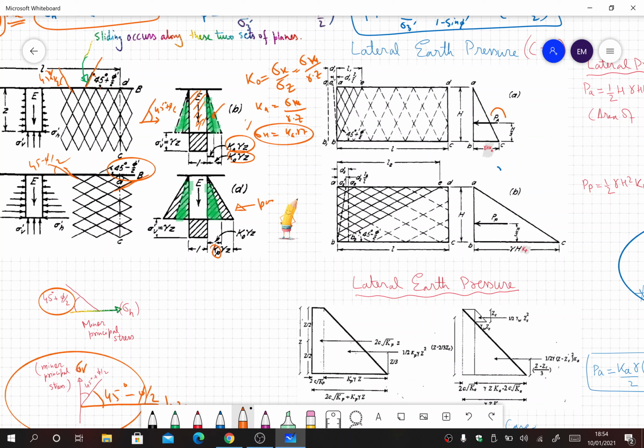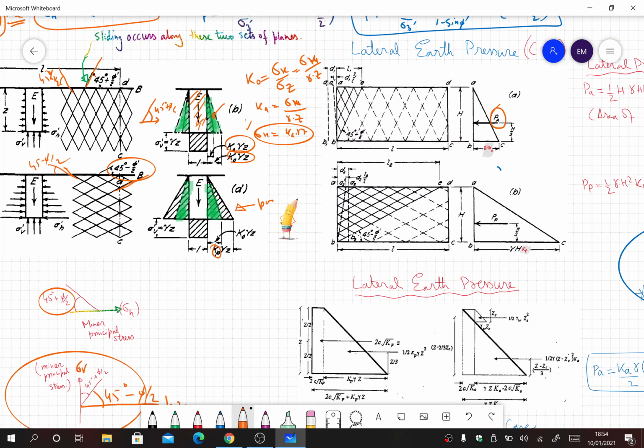Now to calculate the force, because at the end of engineering calculation we end up calculating the force. We want to know how much force is acting on the retaining wall. So if this is a retaining wall here, I want to know how much horizontal force, we call that PA in the case of active earth pressure, and PP in the case of passive earth pressure.